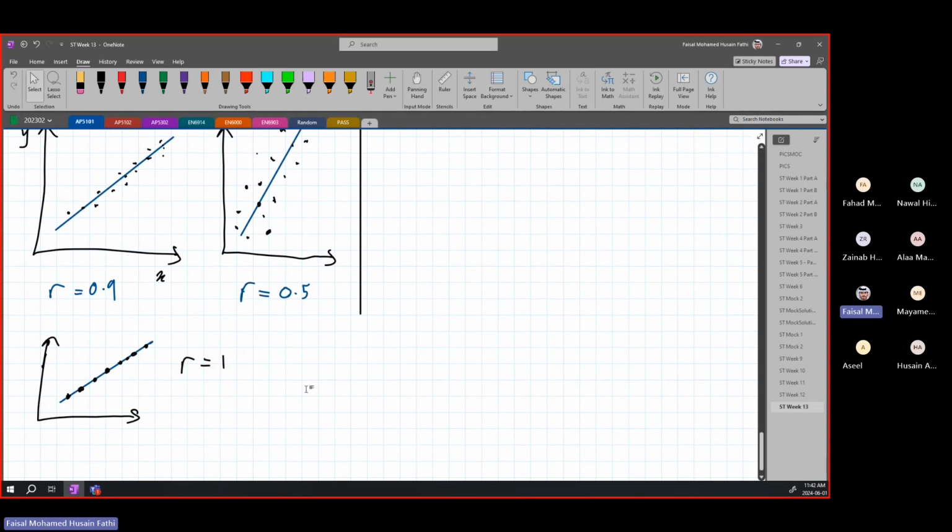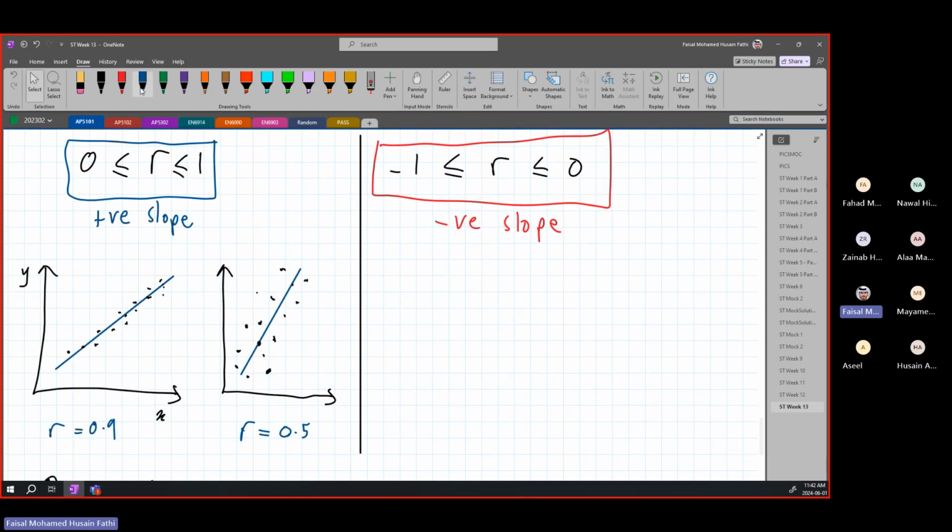Okay? Let's look at the negative slope. The only difference is that the line is going downwards. That's all it means. So here, let's say the points are scattered very close along the line, something like this.